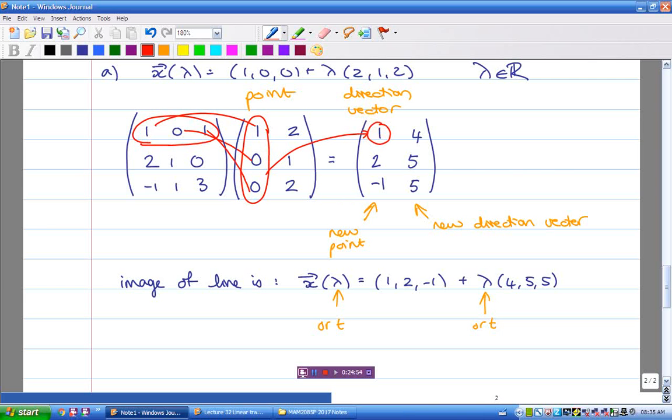So I chose my first row and my first column, and therefore the result goes in first row, first column. If I had chosen third row, second column, I would do minus 1 times 2, plus 1 times 1, plus 3 times 2, and the answer I get would go in the position of third row, second column.